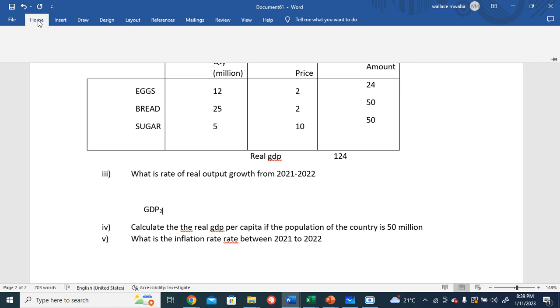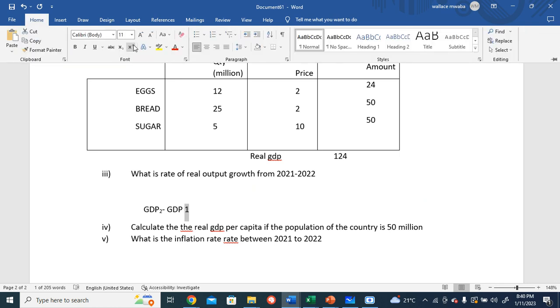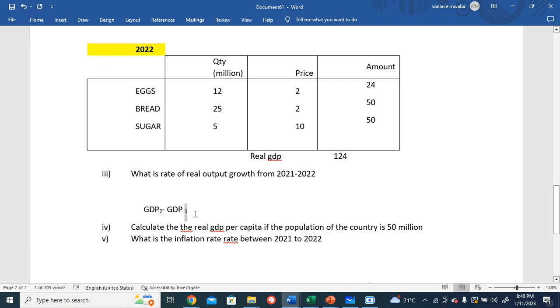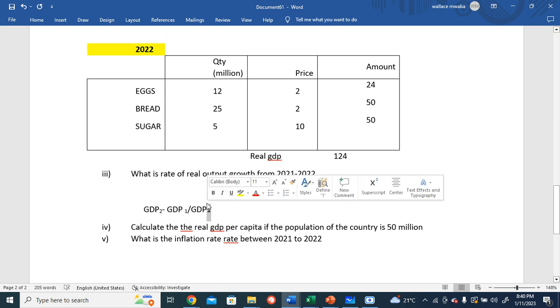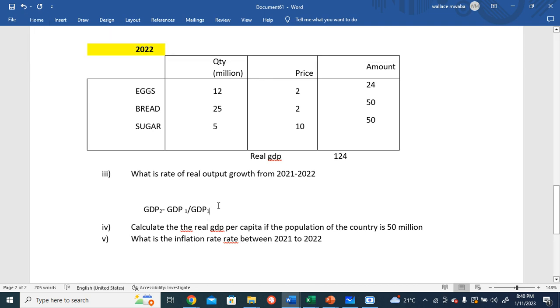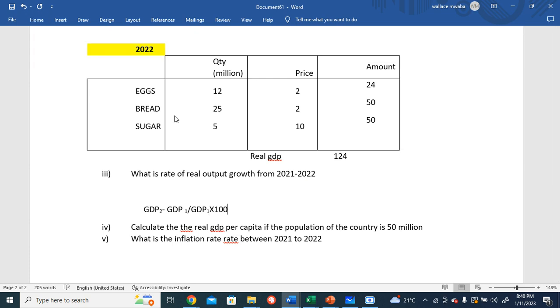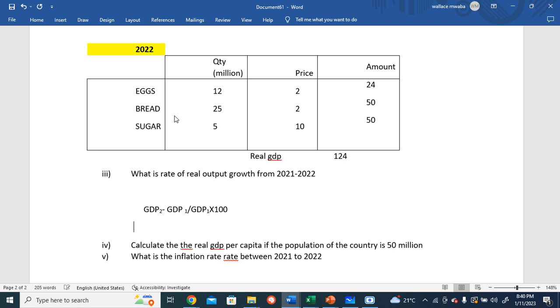We subtract from it the GDP from 2021 and divide it by the GDP for 2021 to find our percent growth, times 100.